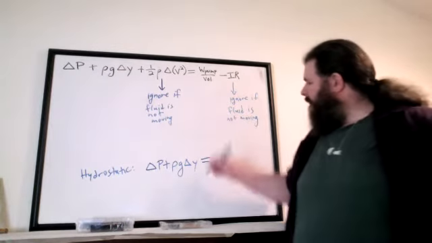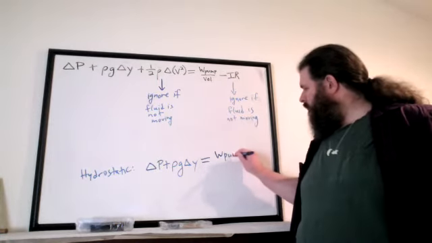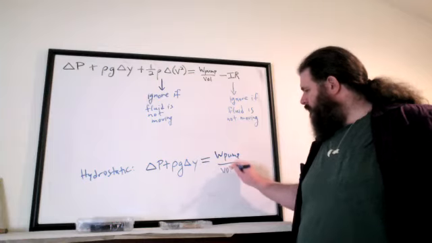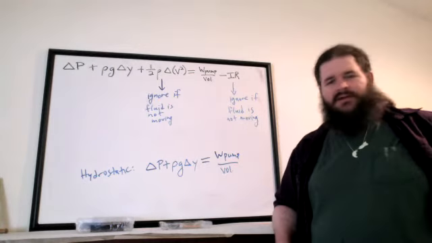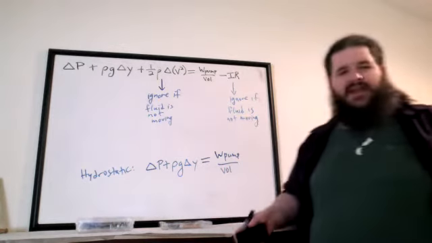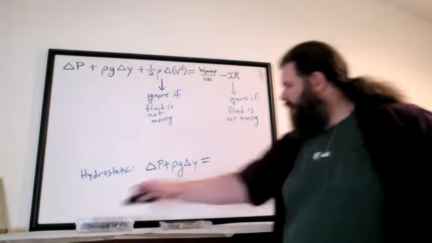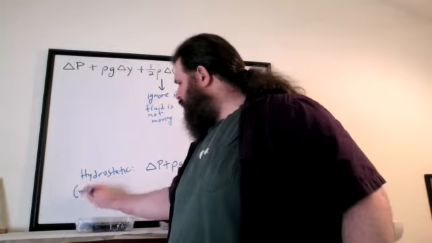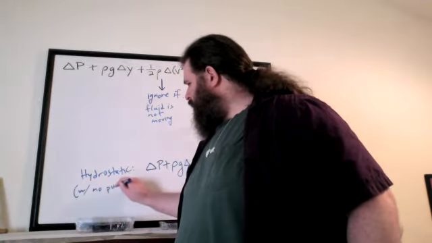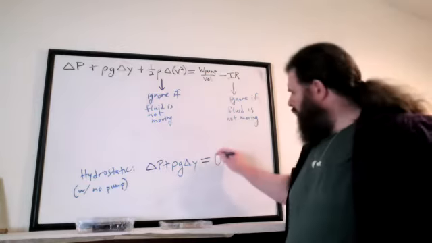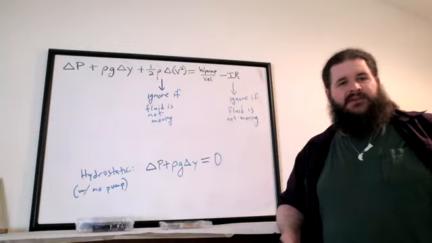There might be a pump. But let's say there's no pump at all. Let's say we just have water staying still with no pump. Then we get this vastly simplified version of the Bernoulli equation.